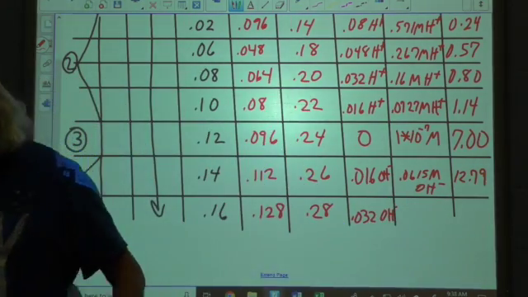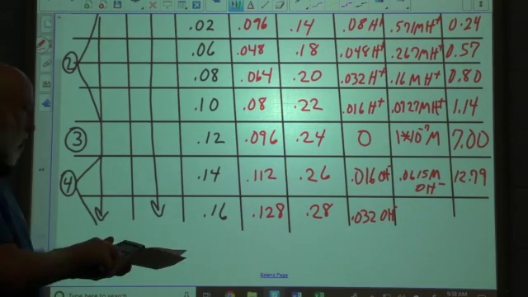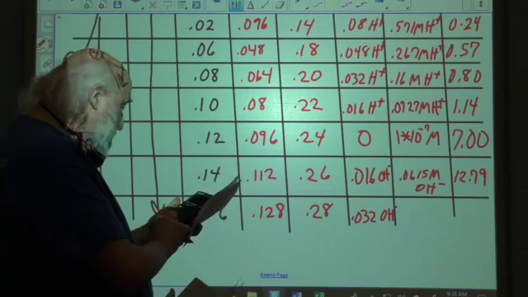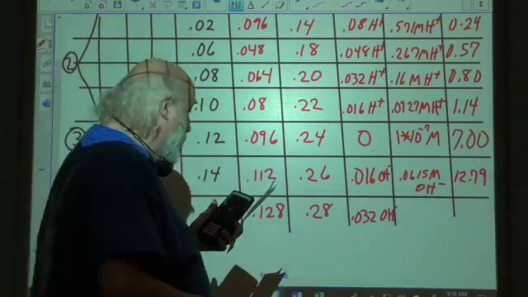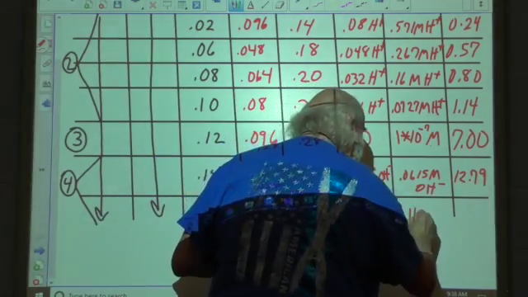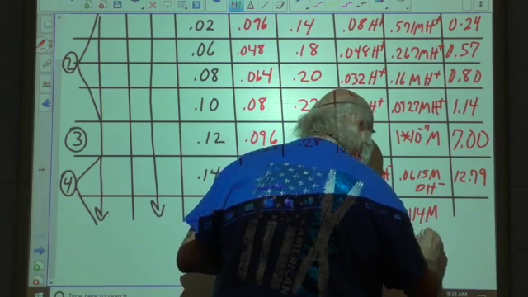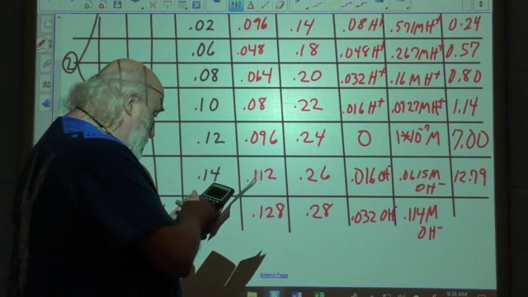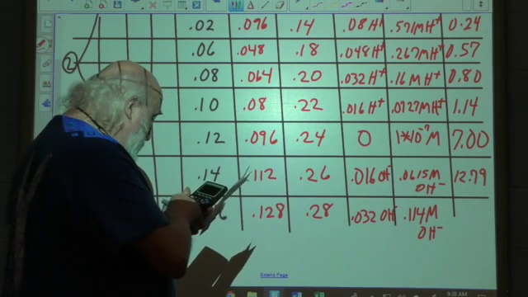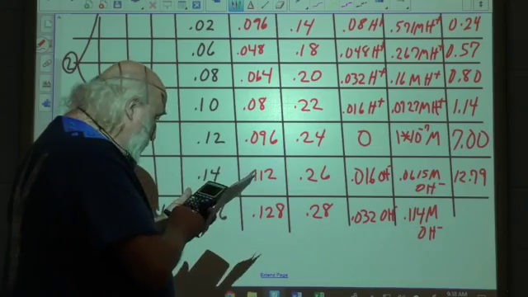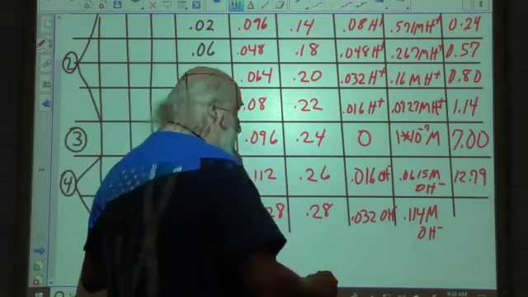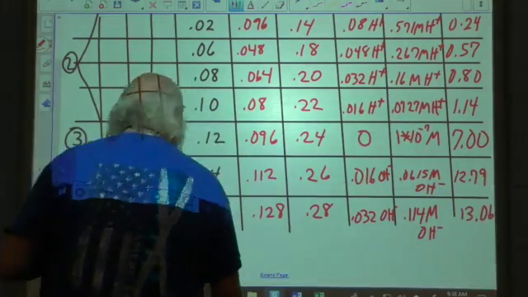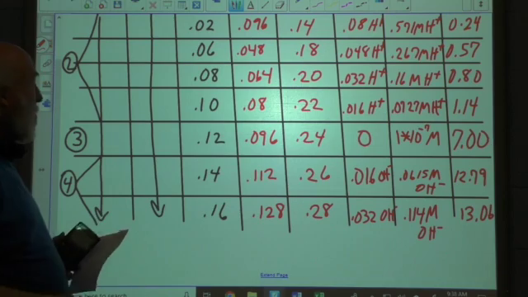Now I have to do some quick calculating work here because I screwed that calculation up. 0.032 divided by 0.28 is 0.114 moles per liter of hydroxide. And then I get 14 plus log of my answer, I get 13.06.